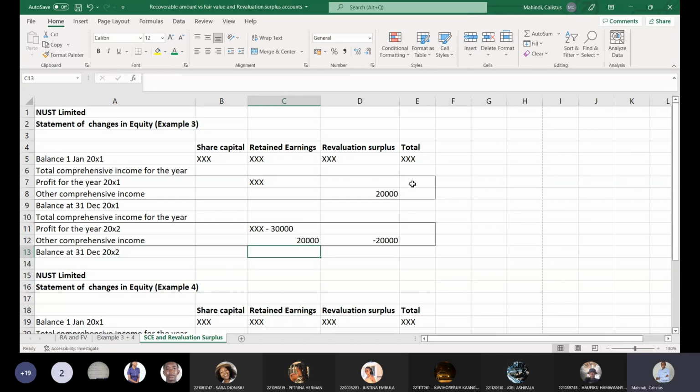So what do we do in 20X2? First of all, we have to reverse the revaluation surplus that existed. That means we remove it from the revaluation surplus account and we take it to our retained earnings account.